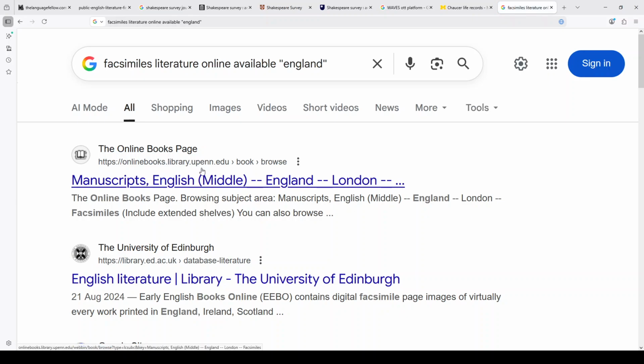UPenn. You can see University of Pennsylvania. That's from America. Now here you have to pay attention to the fact that if you're researching a particular thing, records for the topics surrounding what you're researching may be spread over different locations in the world, and this is where grants and research funding and such things come in when you're talking about research in literature, right?